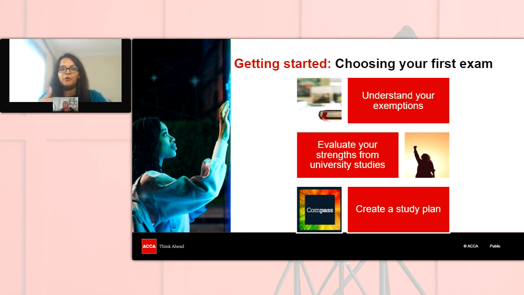So for example, if you're like me, who likes financial accounting more than management accounting, then I would choose financial reporting as my first exam. So I would go to Study Hub, revise my initial knowledge if I feel I need it, and then start preparing for financial reporting. If you haven't already made a decision, I genuinely think, because like Richa said, I've been teaching for a very long time, and I've had cohorts of students who've literally come from universities, I've realized that most of them feel more comfortable taking up either financial reporting or taxation as a first exam.